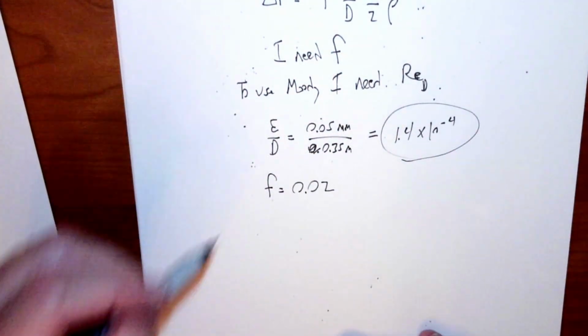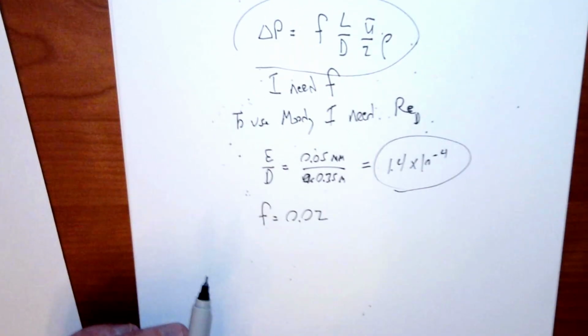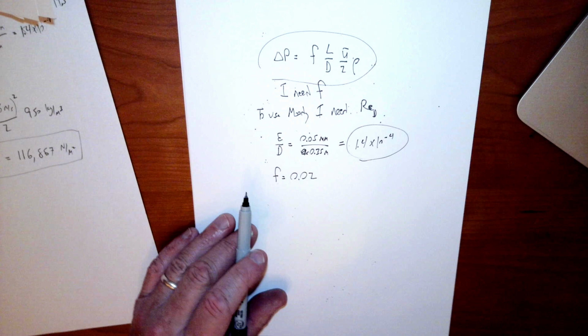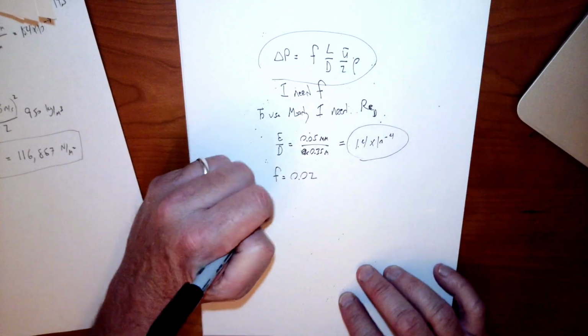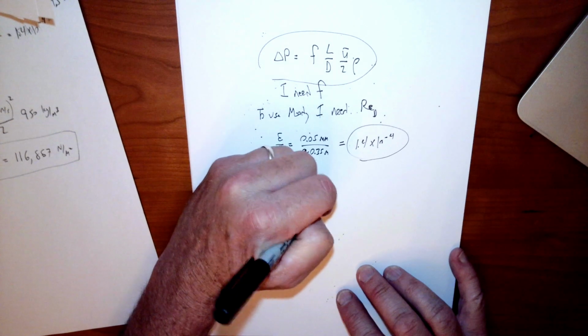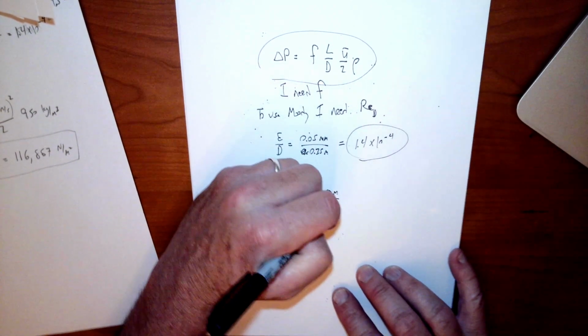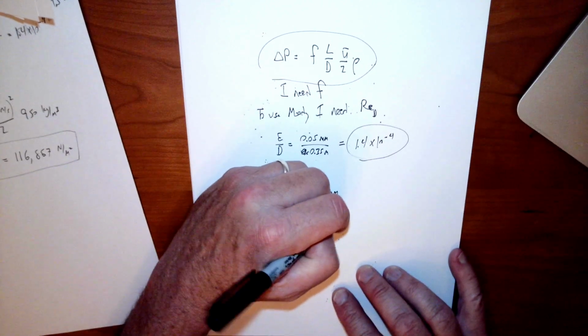So then I plug that into my equation here. Sorry, I'm going to zoom back out. There's my equation. So the pressure drop is 0.02 times L, which is 250 meters, then we have 0.35 meters for the diameter.